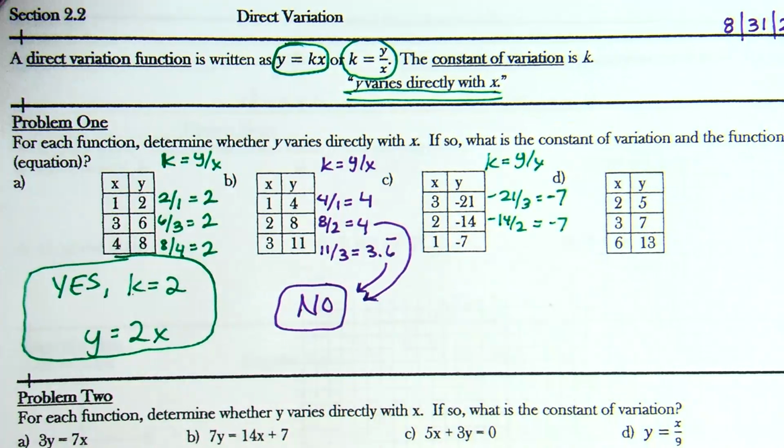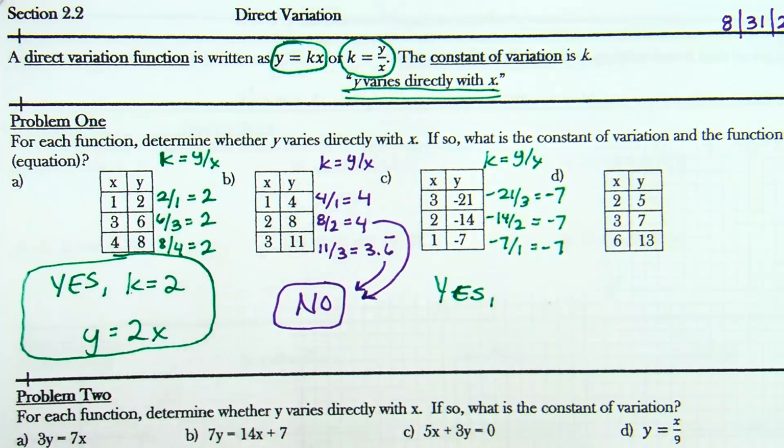What about this one? Is it direct variation? Yes, it is direct variation, isn't it? Because this time all my y's divided by x give the same number. So I'm going to say yes. What is the constant of variation? K equals negative 7, because they all divided to be negative 7.